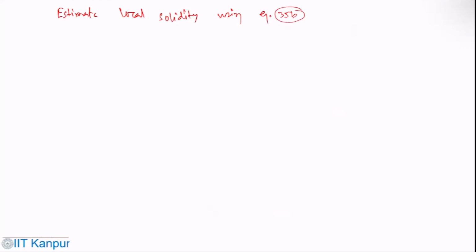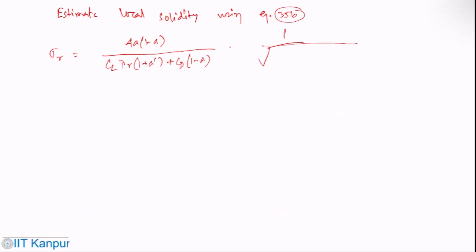So what we get, sigma r is 4a 1 minus a over CL lambda r 1 plus a prime, CD 1 minus a dot, root of lambda square 1 plus a prime square plus 1 minus a square.